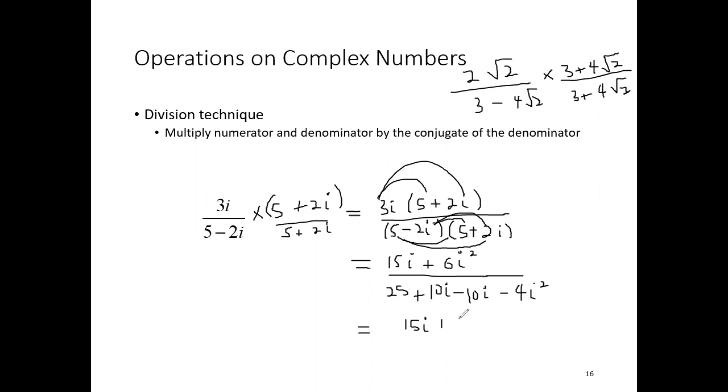So in the numerator, we have 15i plus 6 times negative 1, because i squared is minus 1. All over 25, plus 10i minus 10i will go to 0. Then we have minus 4 times negative 1, plus 4. So this will give us 15i minus 6 over 25 plus 4.